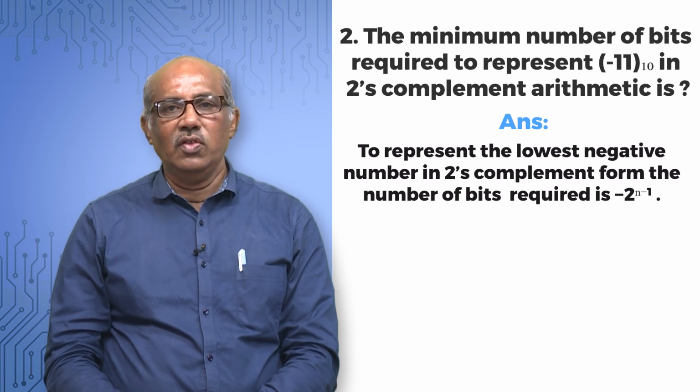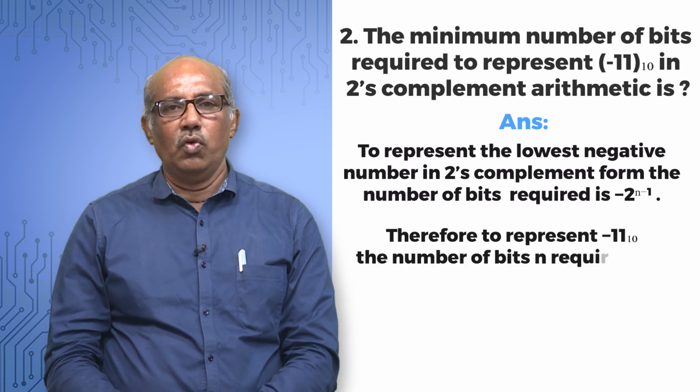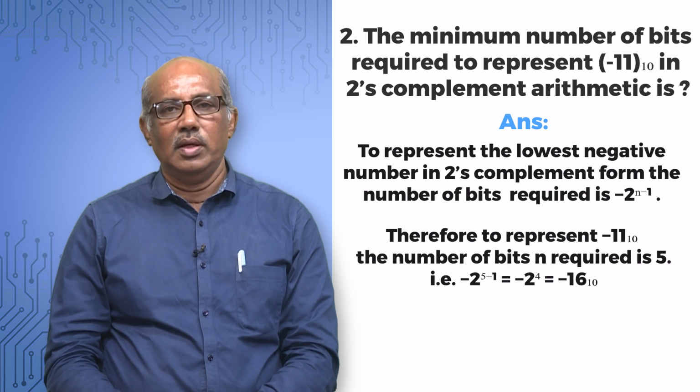If I take n is equal to 4, minus 2 raised to 4 minus 1, that is minus 2 cube. So, the smallest negative number you can represent is minus 8 only. Therefore, to represent minus 11, the number of bits required is 5, that is minus 2 raised to 5 minus 1, that is minus 2 raised to 4, that is equal to minus 16.